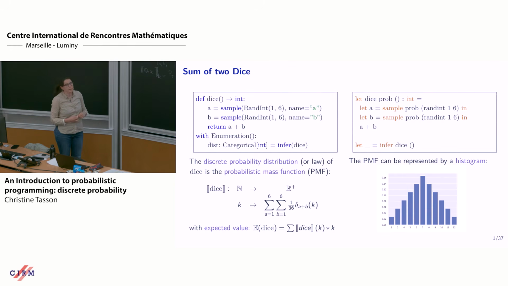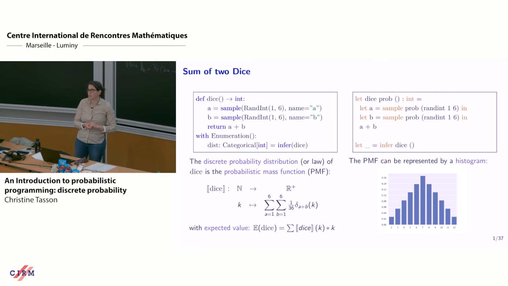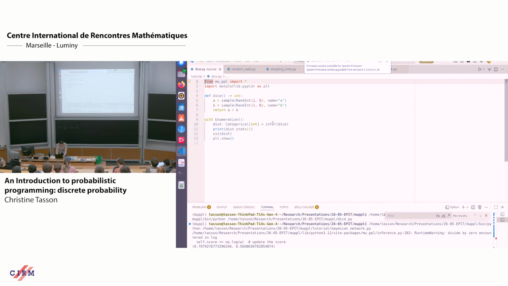I'm also interested in some characteristics of this probabilistic law, for instance the expected value, which is the sum over k of the probability that DICE outputs k multiplied by k. From this, I can also draw the histogram, the probability mass function associated to this random variable. Let's try if it's really working. This is my program here.